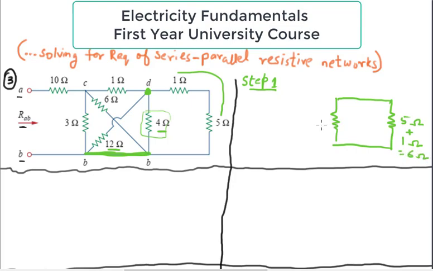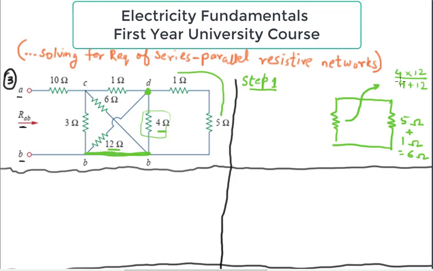The parallel connection is 4 ohm parallel 12 ohm, so that this resistor is going to become 4 into 12 over 4 plus 12, and that results into 48 over, now let me do that with a calculator.